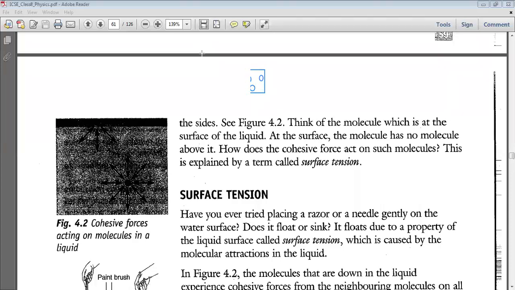What happens is that it attracts and attaches with the molecules that are there. বাট এখানে কি হচ্ছে, ইনসাইড দিস চারপাশে অন্যান্য মলিকিউল আছে which are attracting it towards each other. But here you see এখানে তিনটে মলিকিউল আছে চারপাশে, কিন্তু এখানে কোনো মলিকিউল নেই, so it experiences the net force along with this molecule, right? This happens in case of water. So this is called the force of cohesion.